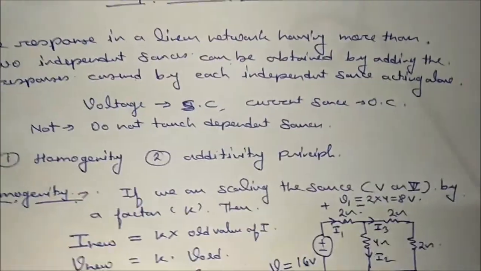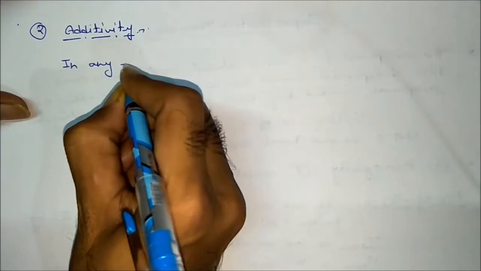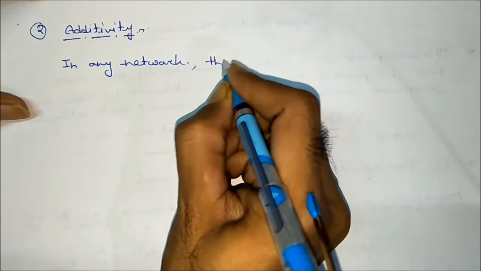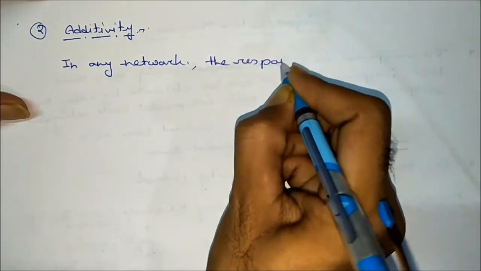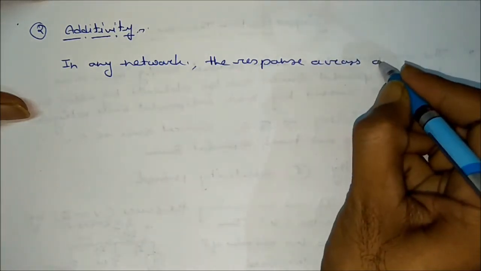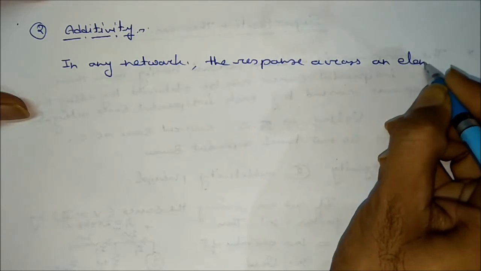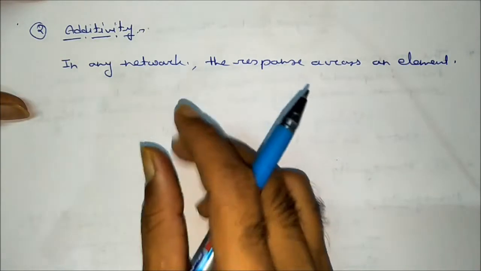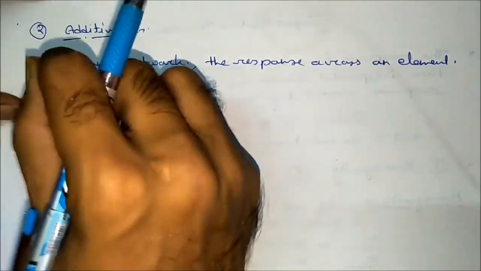So if I want to explain some good things in the additivity principle, I can say that in any network, the response across an element will be the function of each of the sources present in the network.